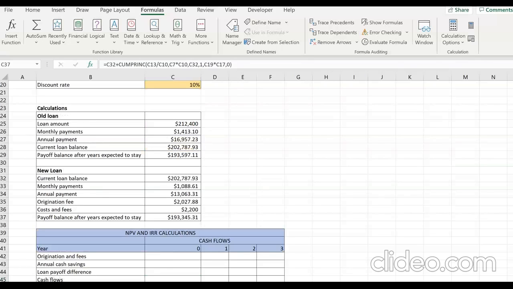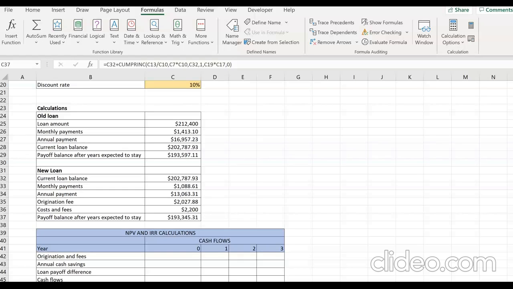That was my second step to calculate the new loan. The current loan balance was the new loan amount, and for the monthly payments I used the PMT Excel function and multiplied it by 12 to get the annual payments. To calculate the origination fee, I multiplied the origination fee percentage by the certain loan balance.